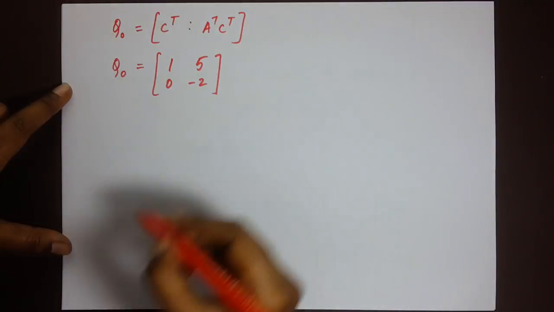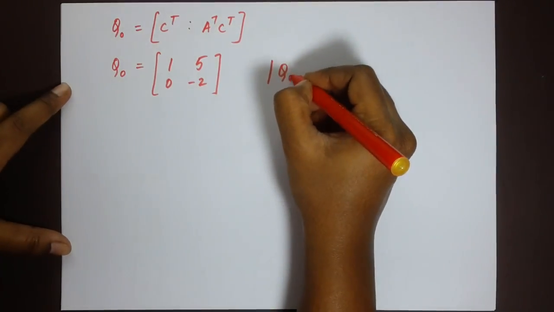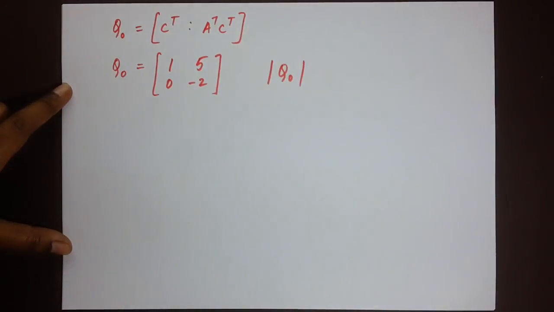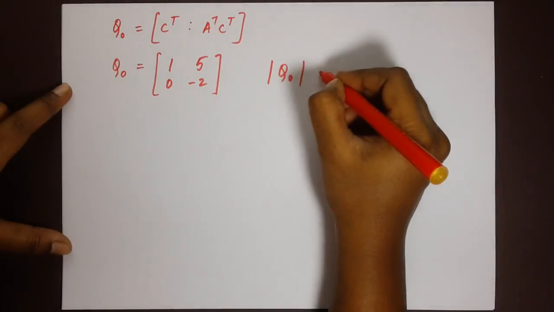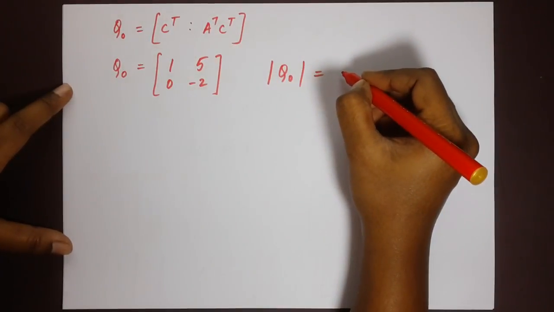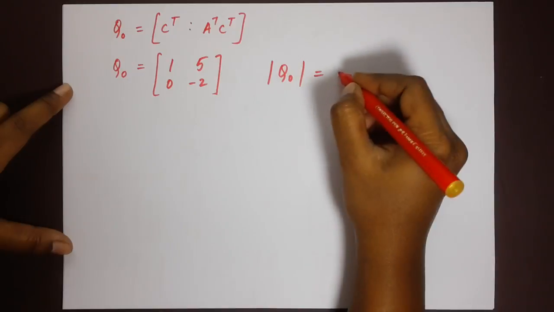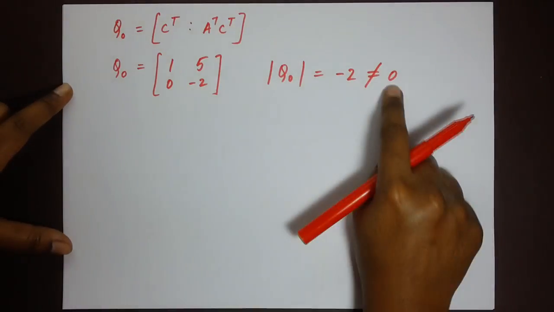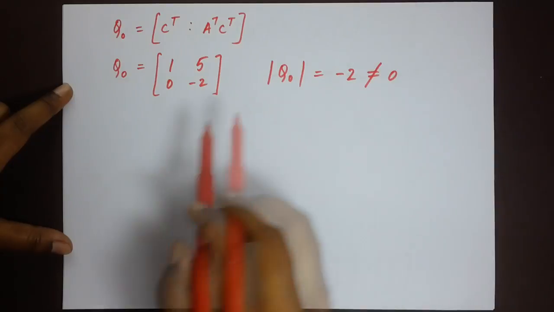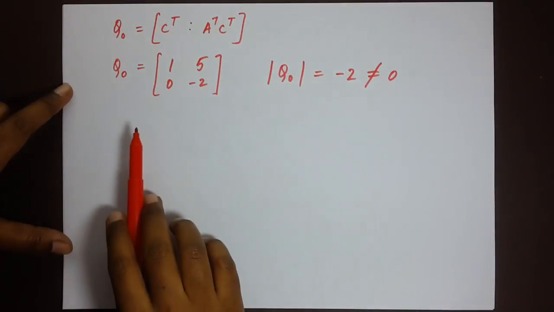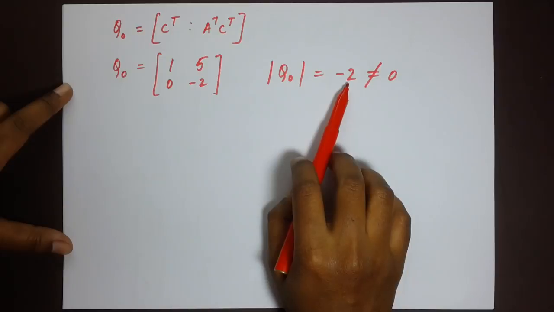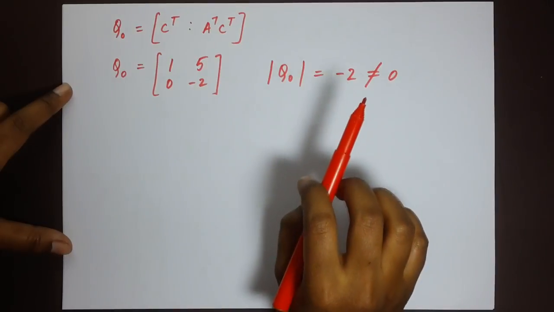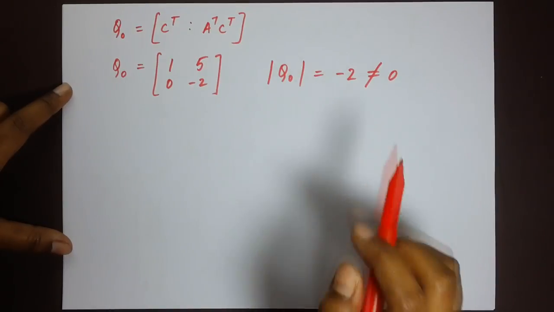The next step is to calculate det of Q naught. When you calculate it, you will get minus 2. Now minus 2 is not equal to 0. It's a non-zero value, which means that the system is observable, and it is observable for the output y1.